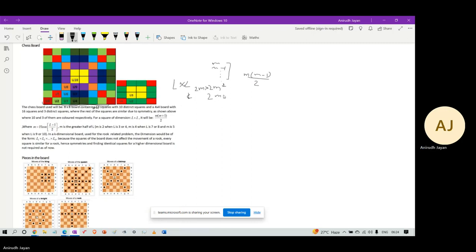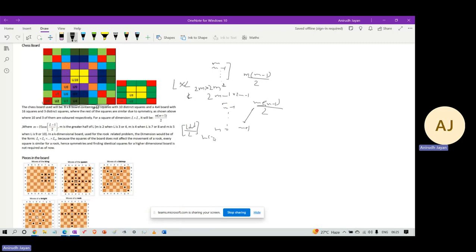For 2m minus 1 cross 2m minus 1, we have m minus 1 till 1, which is again m into m minus 1 by 2. So when m is floor of L plus 1 by 2, this m will just be this m plus 1.